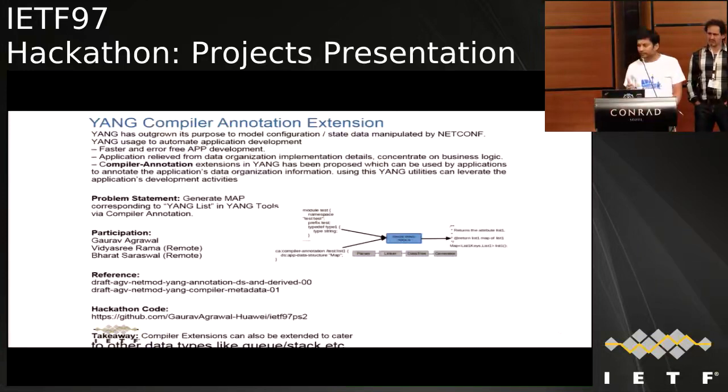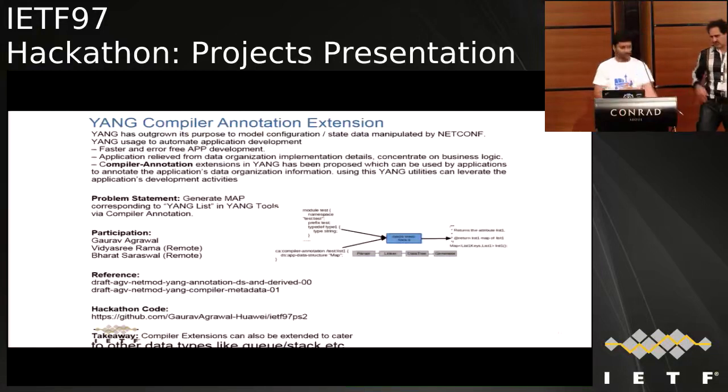So for that, the compiler annotation makes a lot of sense. Using the compiler annotation during the last hackathon also, we had given some hackathon problem statements. This time also, we have extended the same for this particular purpose. So the code is again available in the private Git. And one of the major takeaways from this is we can further extend the tool to generate some other data types like queue, stack, and so on in the future. So that's it from my side.